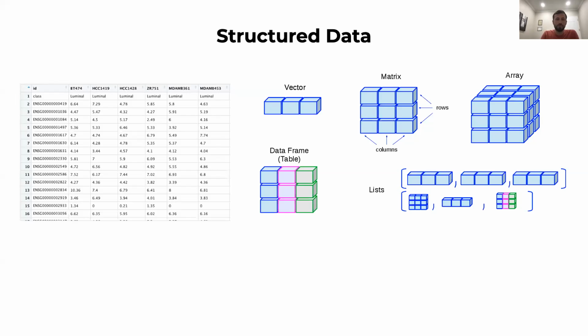There are also matrices. You can see here a matrix. A matrix is like a table, but it is only used to store data of the same mode. So if you have all numbers, just the numbers in these cells could be turned into a matrix.